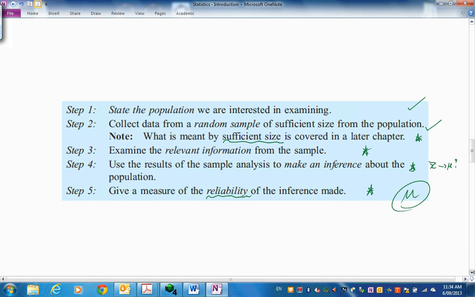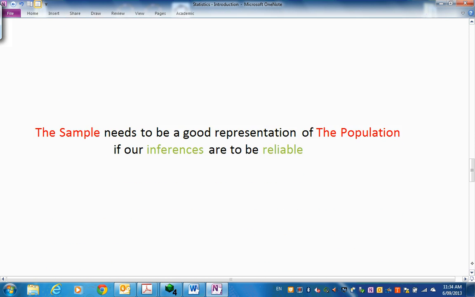Okay, come down now, and this is a very, very important statement here. The sample needs to be a good representation of the population if our inferences are to be reliable. Did you get it? I think we've been raving on enough about that. The sample needs to be a good representation of the population. We're not going to go into sampling techniques here. We're only going to make sure that we have a good random sample, that every member of the population has equal opportunity of being included.